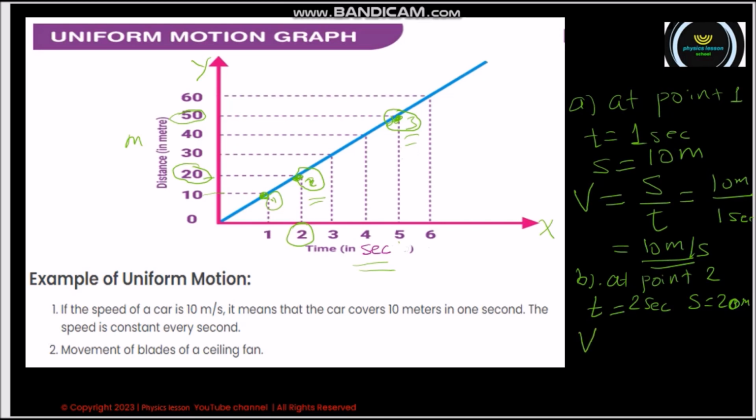The velocity or the speed is distance over time, which is equal to 20 meters over 2 seconds, which is equal to 10 meters per second, equal to point 1.